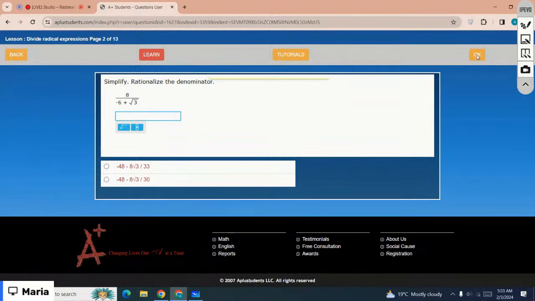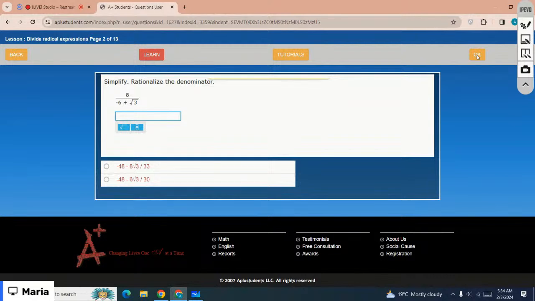You just have to change the sign, that is, like minus 6 plus square root 3. So, you need to multiply with minus 6 minus square root 3, right? You just have to change the sign that is between the radical and the number, right?